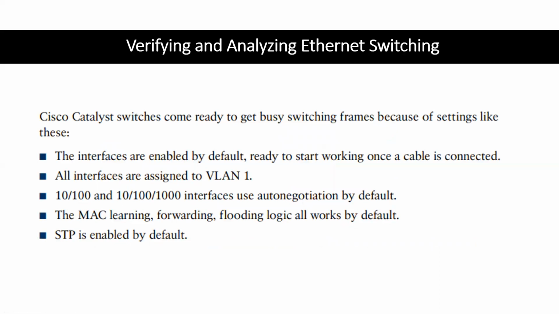So there's a few things out of the box as far as Cisco is concerned, and many vendors copy and mimic Cisco. These switches come right out of the box with these 5 settings, because again, it's a switch, it has to be plug and play. The interfaces are enabled by default, ready to start working once a cable is connected.